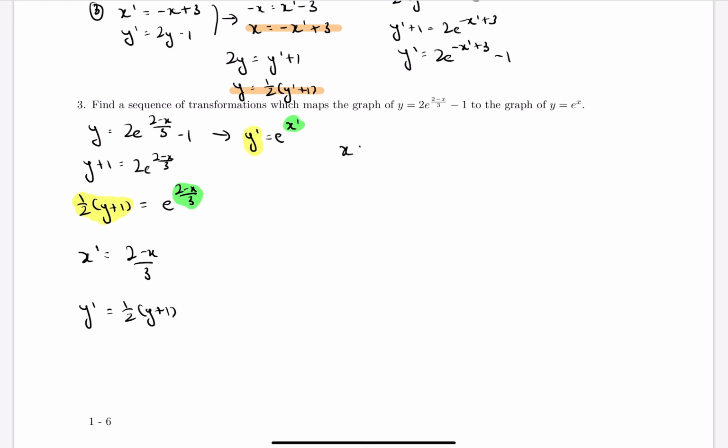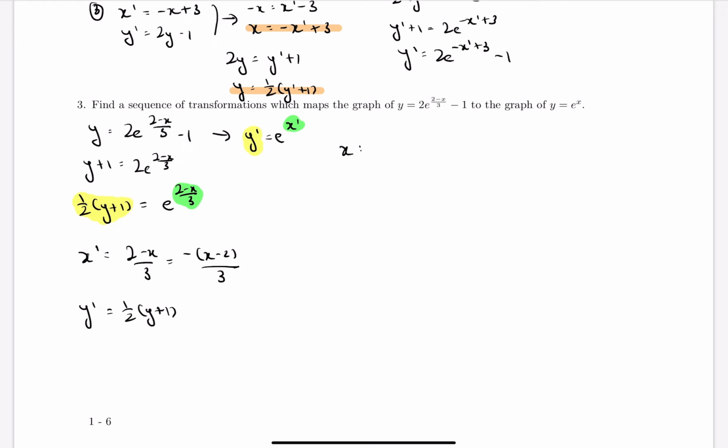I'll probably write it as minus bracket x minus 2 over 3, just because I think it's easier to see what's going on. So if you write it like this, what's happening first is it's the minus 2 because it's in brackets, and then it's the minus and the divided by 3, which is a dilation and a reflection.